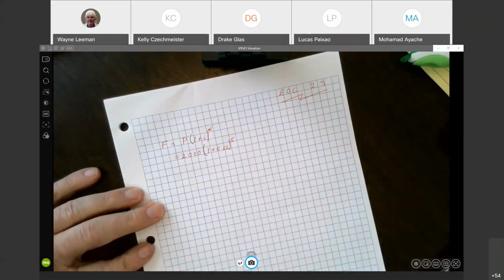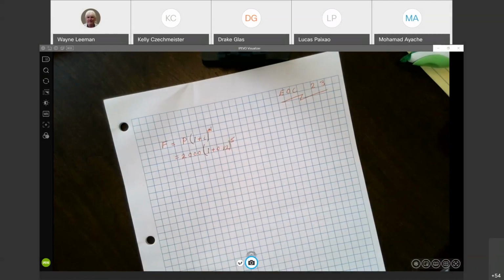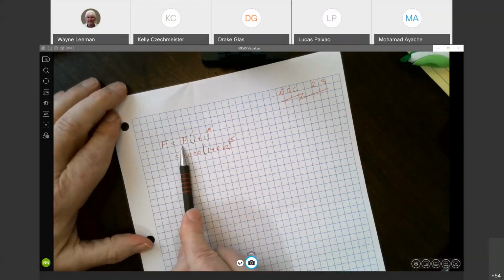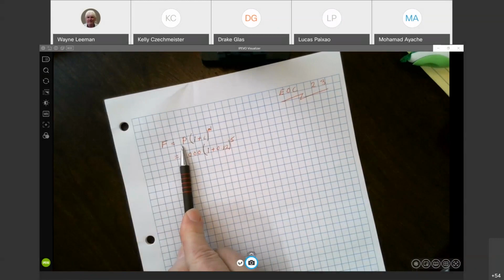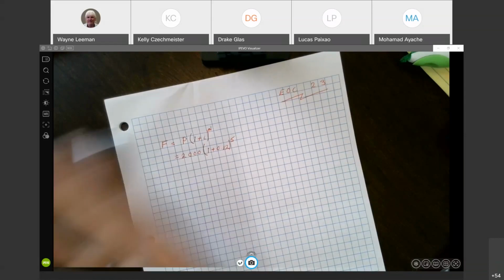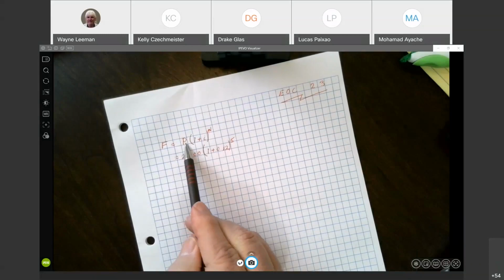Hey, Wayne. Yeah? What do the variables stand for, like the F and the P? Okay, well, the F would stand for the future value, and the P will stand for the present value. Oh, okay, thanks. No problem. At this stage, you might refer to it as a present amount and a future amount. Some people might even call P the principal.